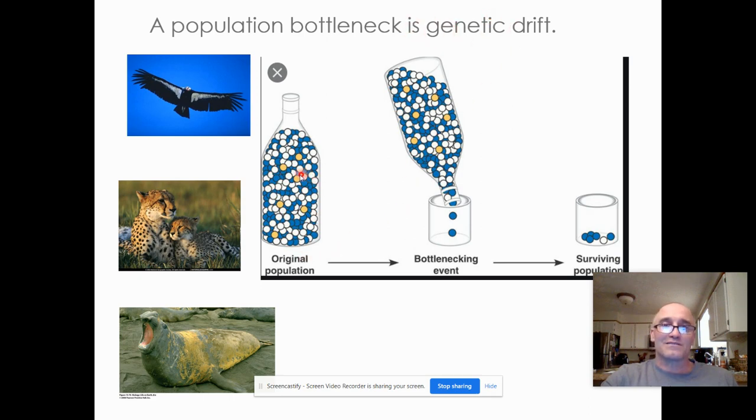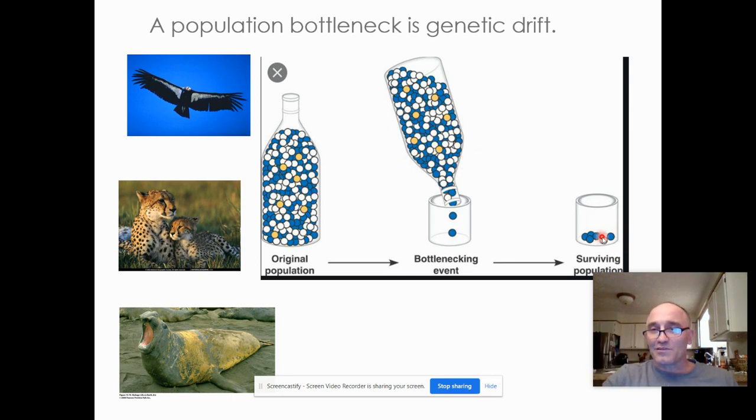And the idea with that is you could have originally a large population that might have three different colors: blue, white, and yellow. And then some bottlenecking event happens. It could be anything that would cause the population to decrease dramatically, like overhunting or a natural disaster, something that closes down the population.